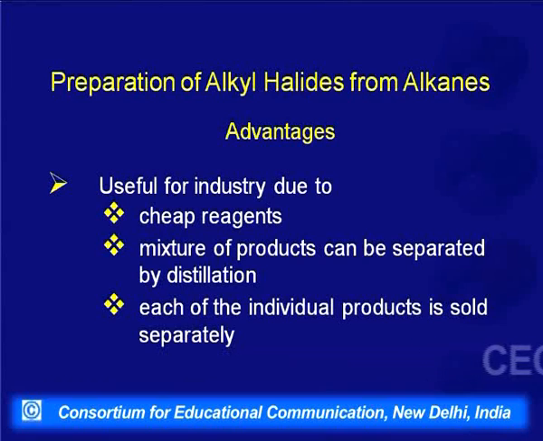Though a mixture of products is obtained, it is separated by distillation in large industrial plants, and you can always segregate the product which is required, and each individual product is sold separately. Industry people are smart, so all the byproducts which are formed are separated by distillation and sold separately. So, they still earn some profit by this.